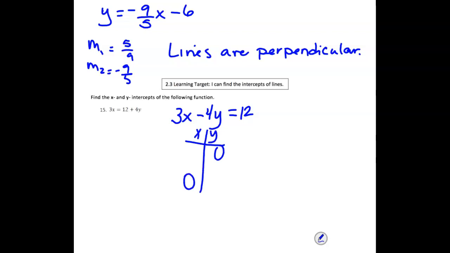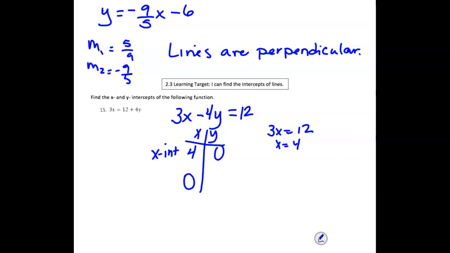So our x-intercept is the value we get when we plug a 0 in for y. If we put a 0 in for y, we end up with 3x equaling 12. So x would have to be 4. So our x-intercept is the point (4, 0).